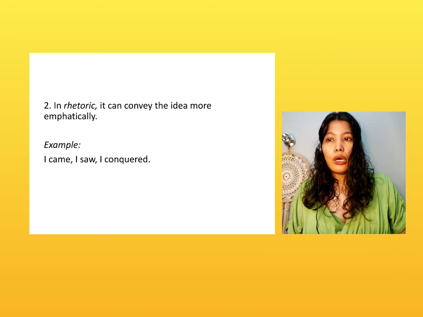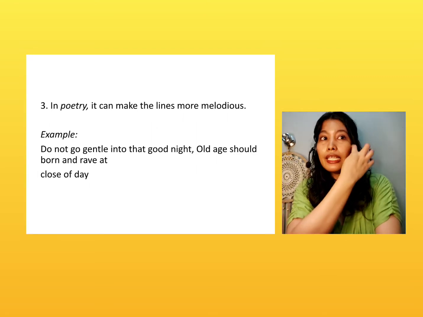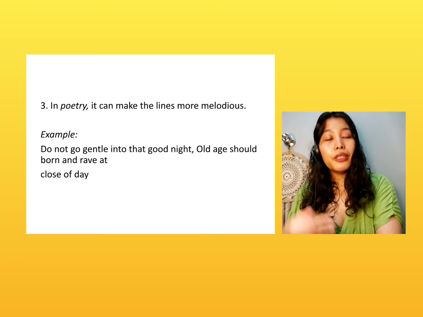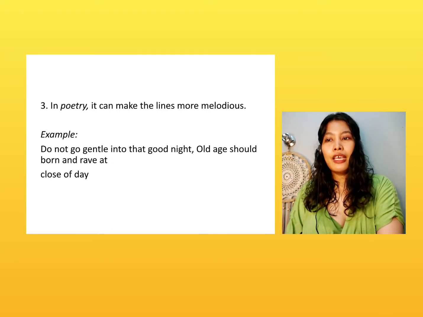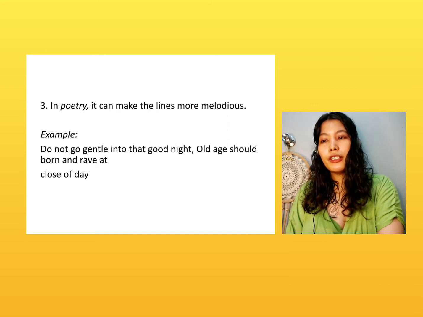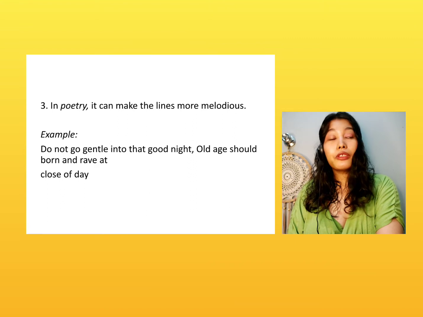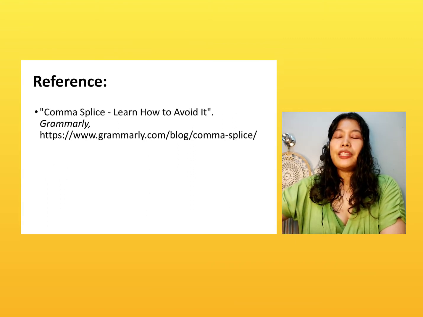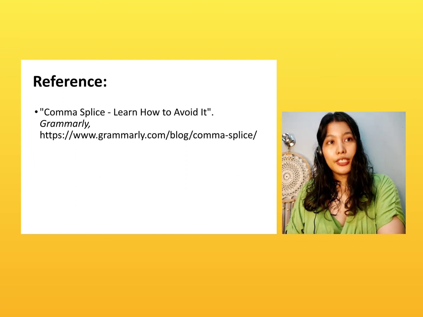Or in poetry, because it can make the lines more melodious. But again, similar with fiction, poetry is covered by creative license. So, for example, here: do not go gentle into that good night, old age should burn and rave at close of day. These are the instances where comma splices are acceptable.